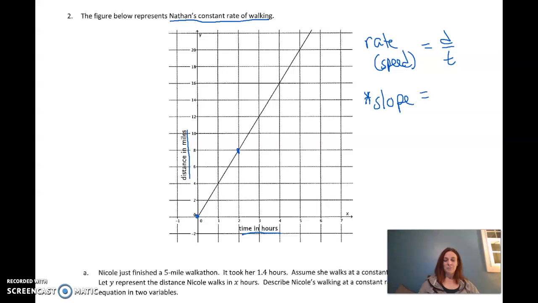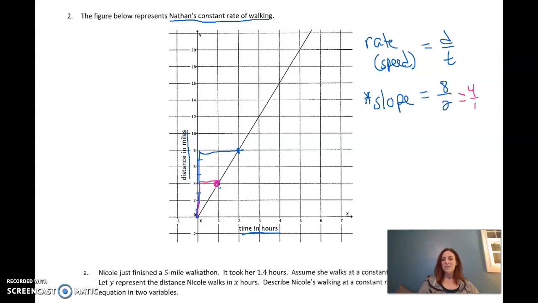like pick these two. Again, being careful to watch our scale. We're not going up by ones. But if I go up 1, 2, 3, 4, 5, 6, 7, 8, and over 2, 1, 2, I would get my slope of 8 over 2. Or maybe I pick this point right here, and I'm going up 1, 2, 3, 4, and over 1.